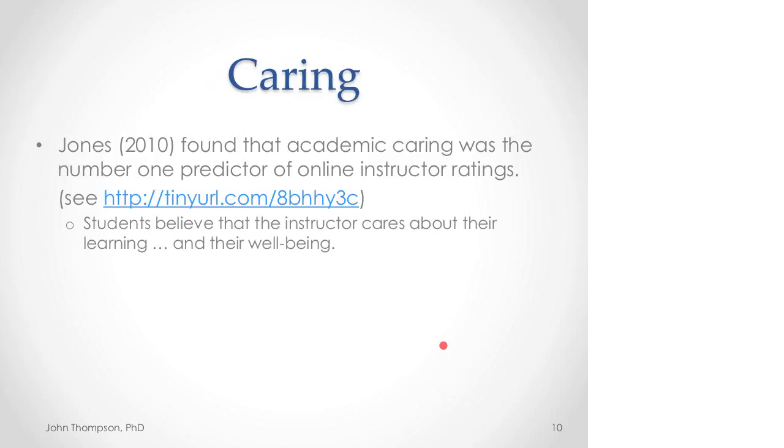When students feel that their instructors care about them and their learning, your course evaluations increase. Makes sense, but a lot of times, what makes sense doesn't happen. It's like the quote goes, common sense is all too uncommon.